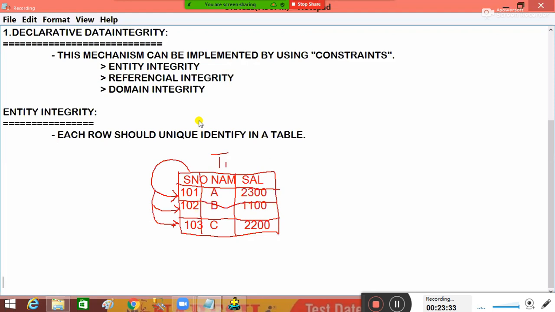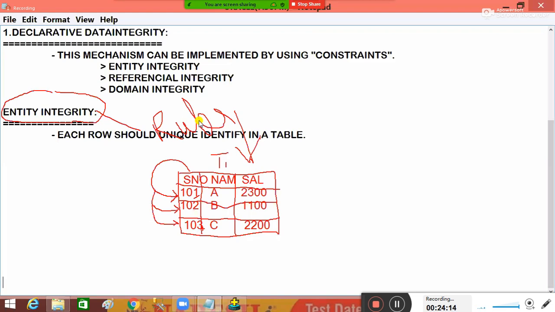So this table satisfies the entity integrity rule, because each row is uniquely identified with a unique value. See, 101, 102, 103. That means it satisfies the entity rule.